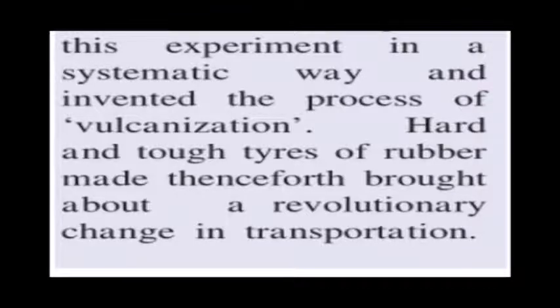Hard and tough tires of rubber made henceforth brought about a revolutionary change in transportation. So here we can see how vulcanization, that is hardening of the rubber milk we draw from the rubber plant.